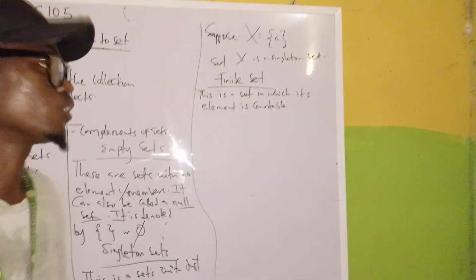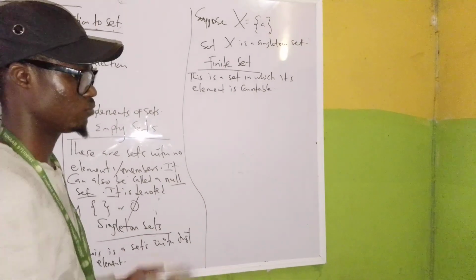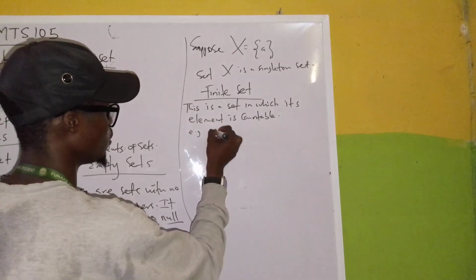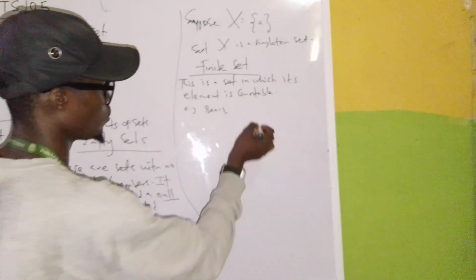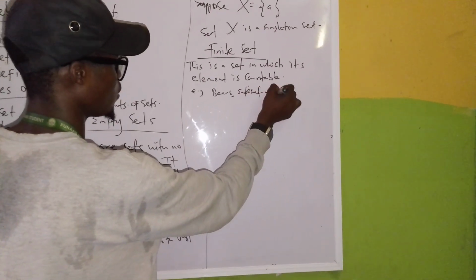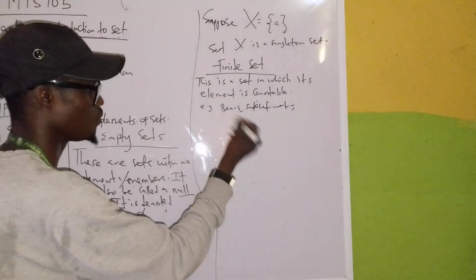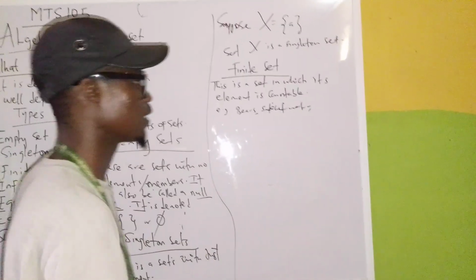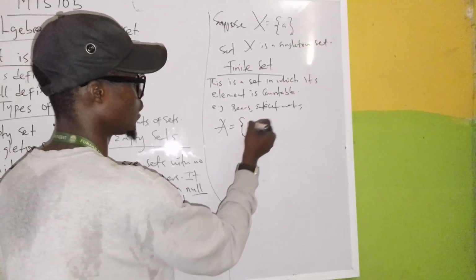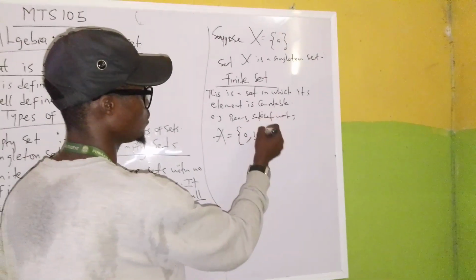You understand? For instance, we can count beans. What else can you count? Sachet water. You can count, let me say, whole numbers less than 10, that's 0, 1.